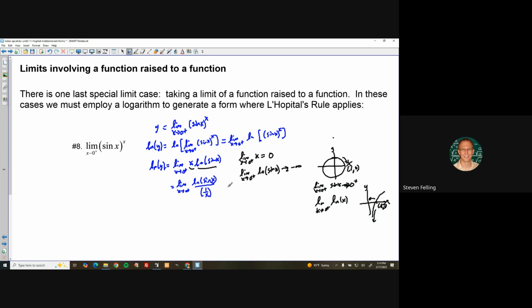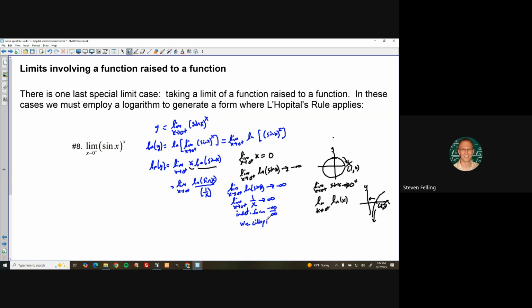Because then I can say the limit as x approaches 0 from the right of the numerator, we just showed, is approaching negative infinity, and the limit as x approaches 0 of 1 over x is approaching positive infinity, because we're getting closer and closer to dividing by 0, and we have a positive divided by a positive. So that means we have the indeterminate form negative infinity over infinity, which means we can use L'Hopital's rule.